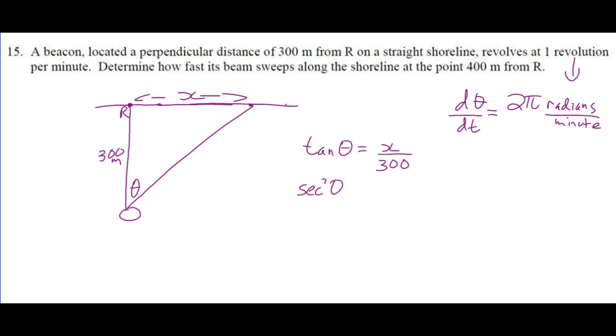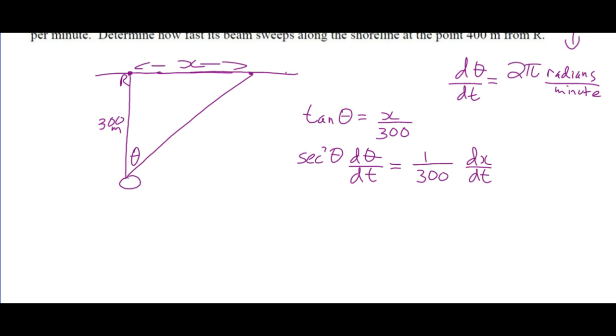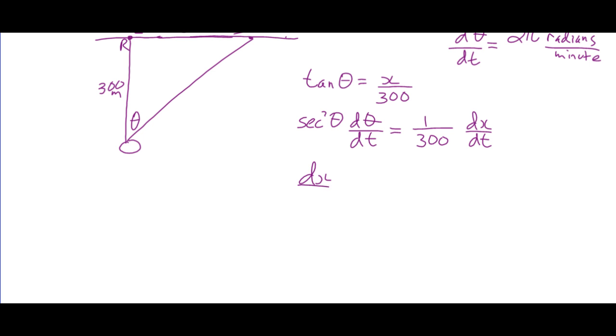So sec squared theta, d theta by dt, is 1/300 of dx by dt. So let's multiply both sides by 300. So dx by dt will be 300 secant squared theta d theta by dt.